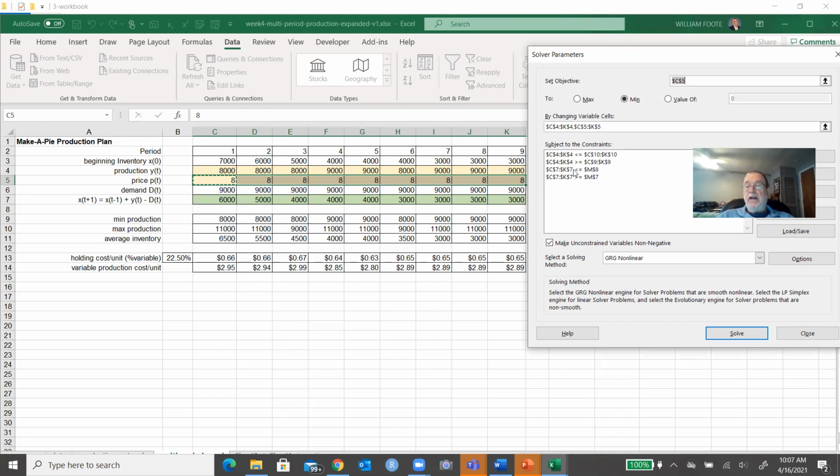And remember, again, I will reemphasize this, a greater than or equal to is a requirement. A less than or equal to acts like a budget and not to exceed in a contract. I have switched this to GRG nonlinear because, as I said before, one of the decision variables, price, is literally a quadratic equation mathematically, but it's nonlinear.